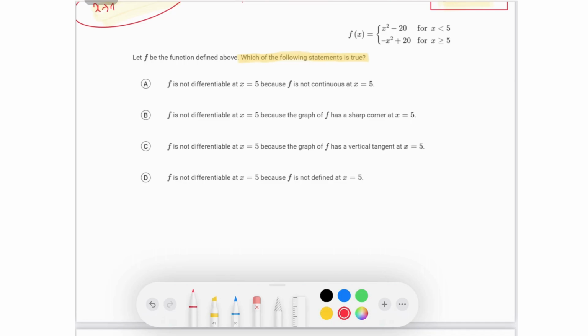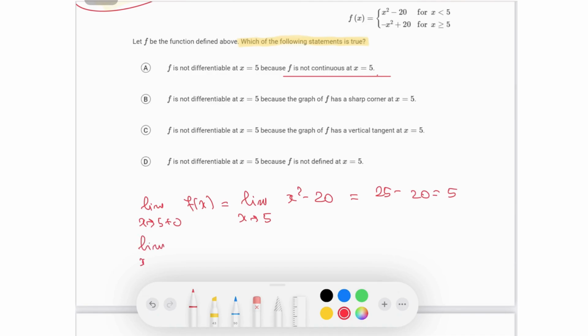Let us see if f is continuous. Is f continuous at x equals 5? The limit when x approaches 5 from the right of f of x is x squared minus 20, which is 25 minus 20, which is 5.